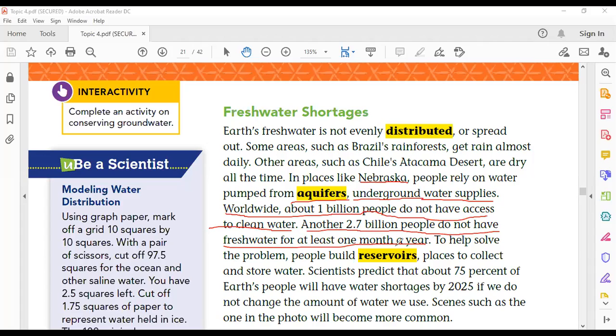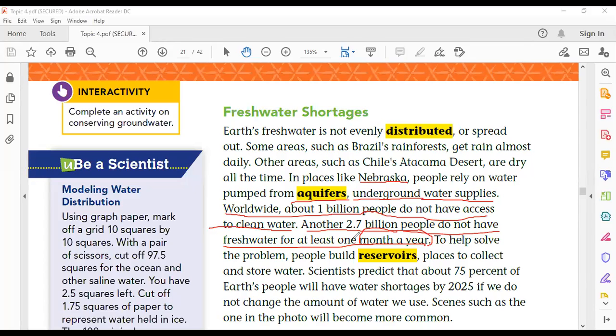At least 1 month a year means this month is not continuous. If we add up the number of days during the year that they don't have water, it adds up to a month. It doesn't mean they stay 1 month continuously without water.